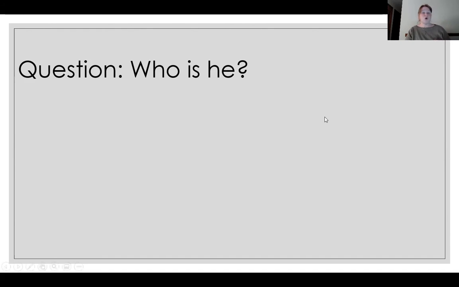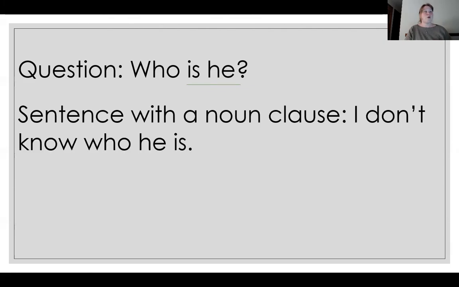Here's a question: who is he? The word order is is he in this question. In this sentence with a noun clause, I don't know who he is. The word order is he is. So you can see that the subject in the question, he, comes after the verb, but the subject in the noun clause comes before the verb. It's really important that you pay attention to that.